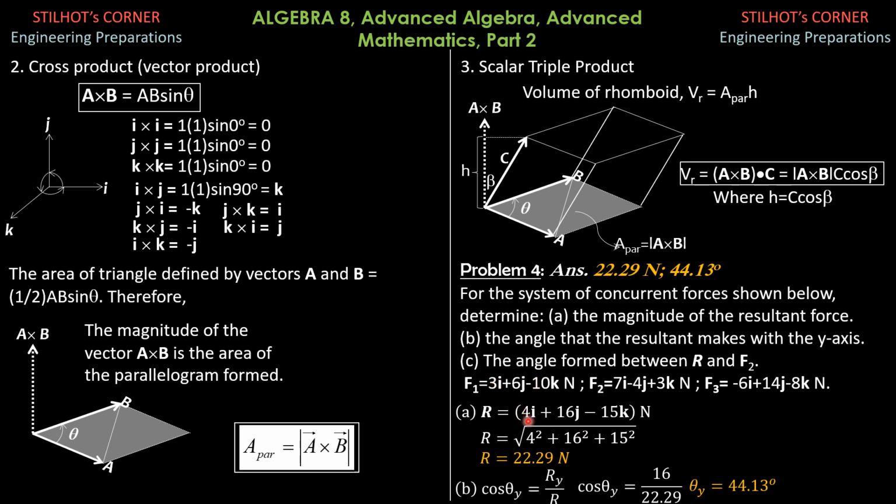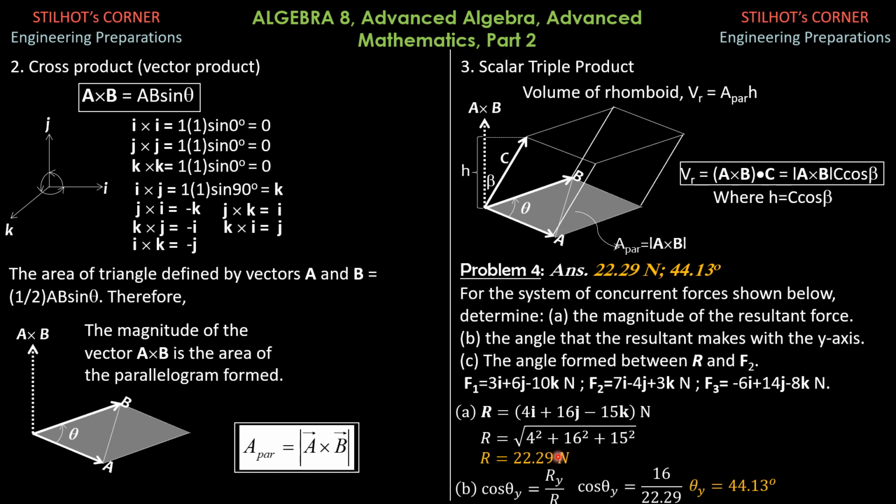So 4 times 7, 28, 16 times negative 4, negative 64, and negative 15 times 3 is negative 45. Negative 64, negative 45, negative 109, plus 28, and I think that's negative 81. So R dot F2 is negative 81.